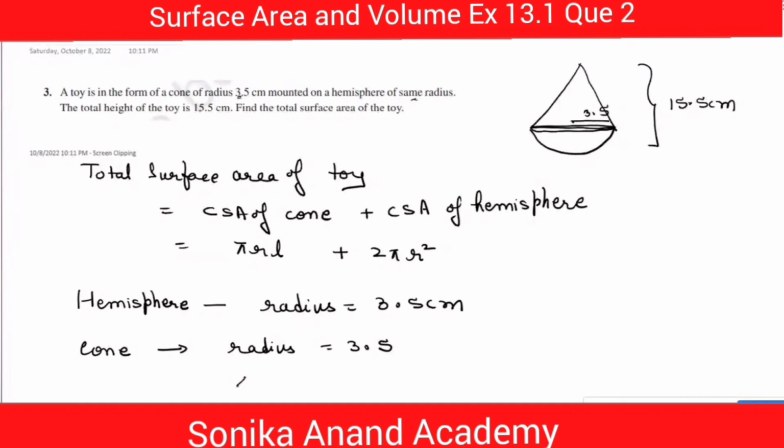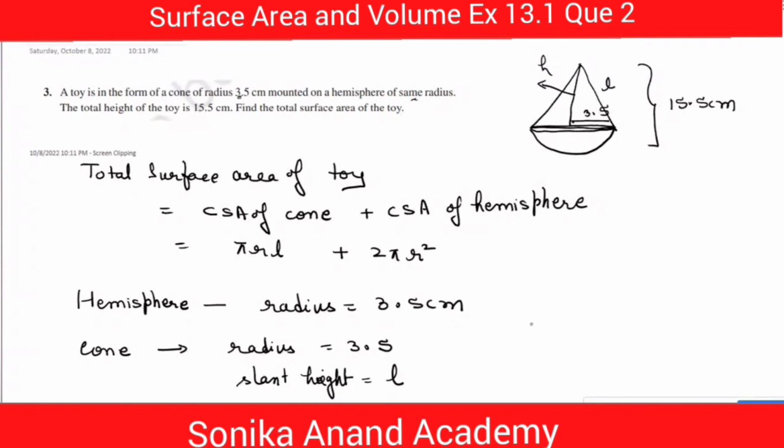Now we have to find the slant height, which we have to put in the formula, that is l. If I need l, we need the height, then I will find the slant height.